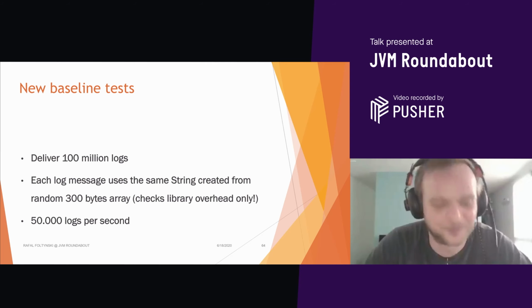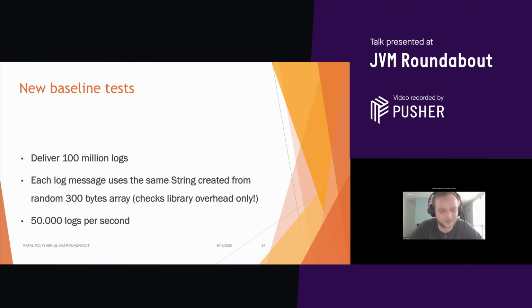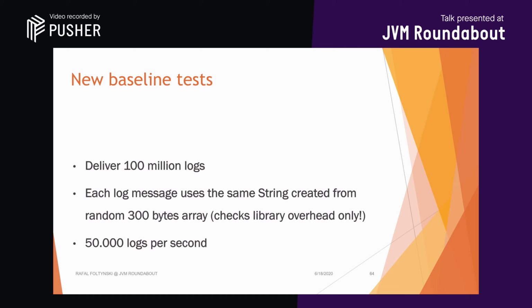But it responds as if it's written these logs properly, just to put some pressure on the deserializers and verify that everything works as expected, as it would with a real Elasticsearch.